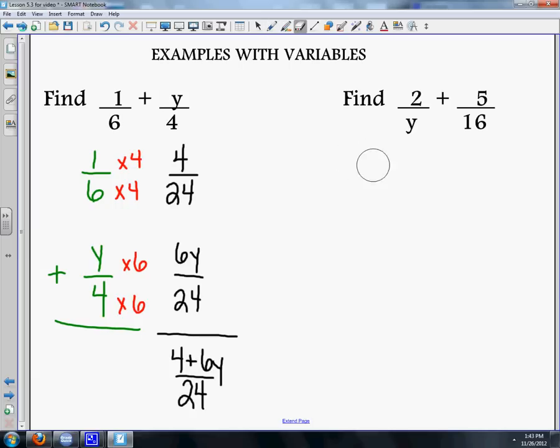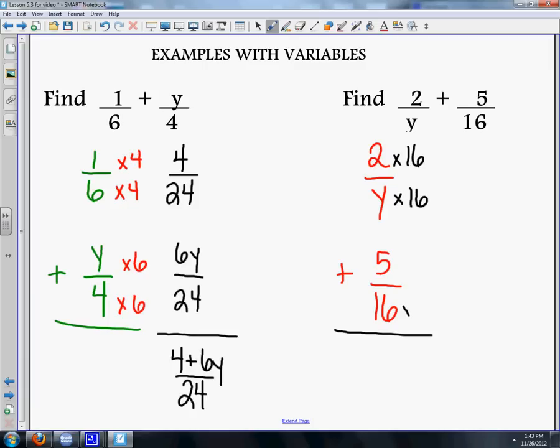Okay, now I have 2y. Whoops. No, I don't. I have 2 divided by y plus 5 over 16. So I'm going to do the exact same thing I did on my other problem. I'm going to times this by 16 and this by 16. And I'm going to times this by y and this by y. So when I do my work, I have 2 times 16 is 32. 16 times y is 16y. 5 times y is 5y.